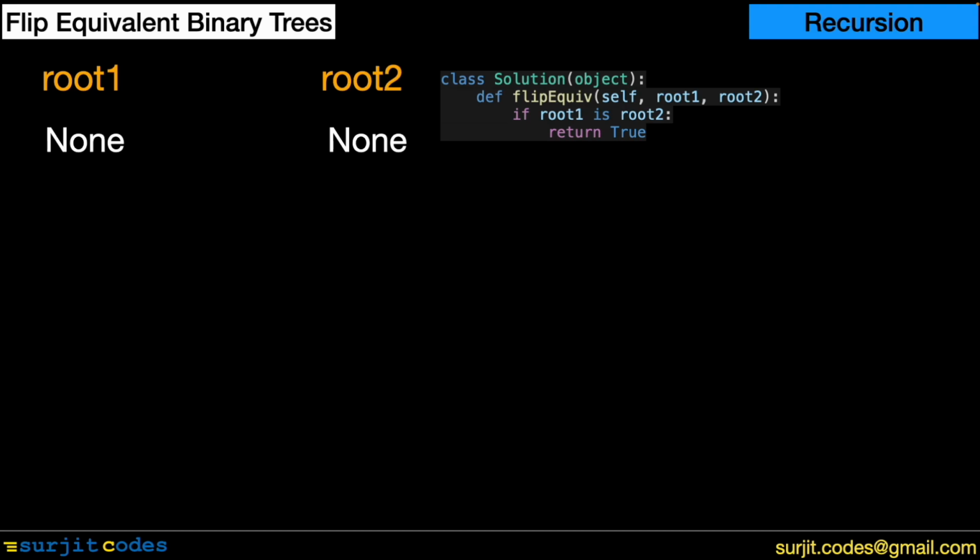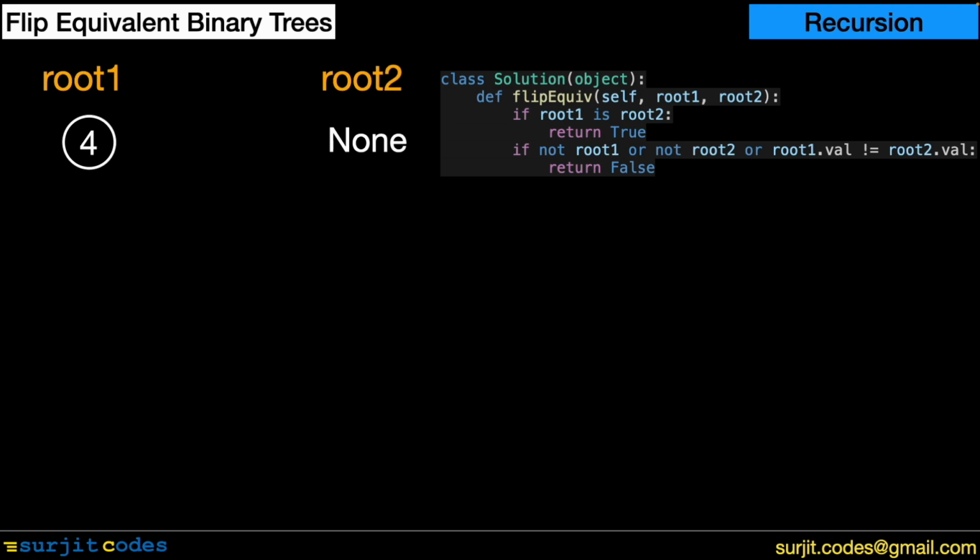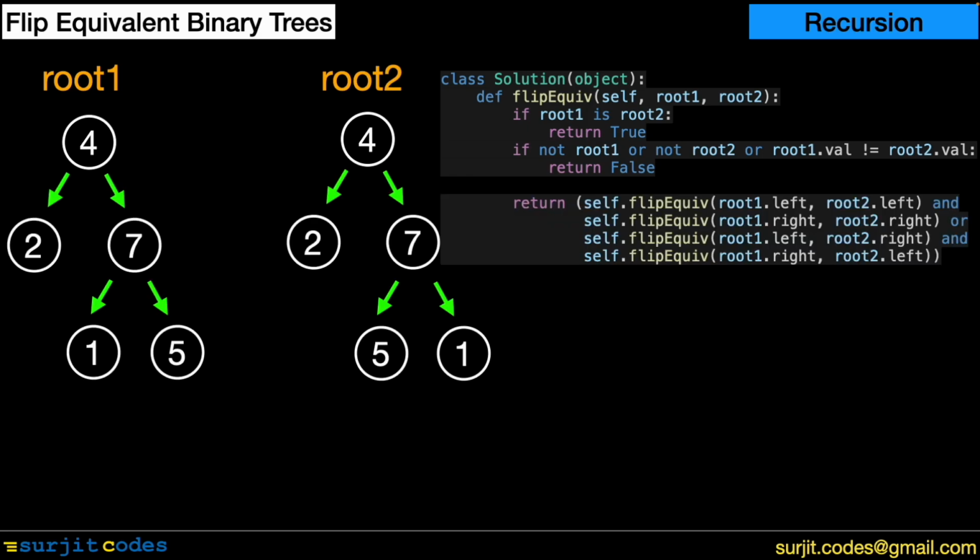We need to check this because if both of the roots are none, they are flip equivalent and we return true. On the other hand, if only one of the two nodes is none, or if values of the two nodes are different, then the two trees are not flip equivalent and the answer is false.